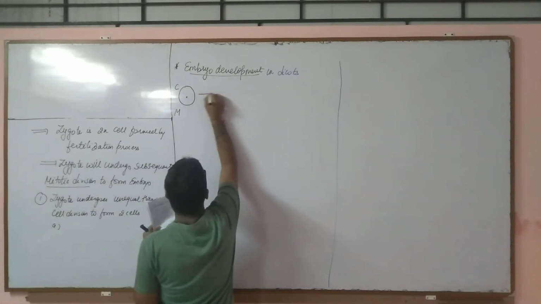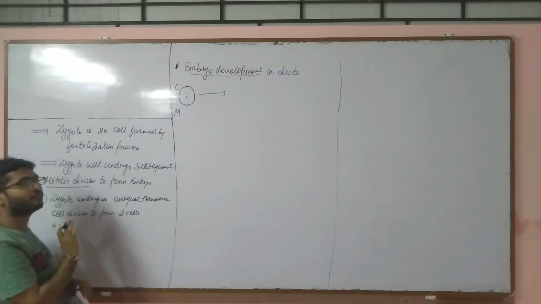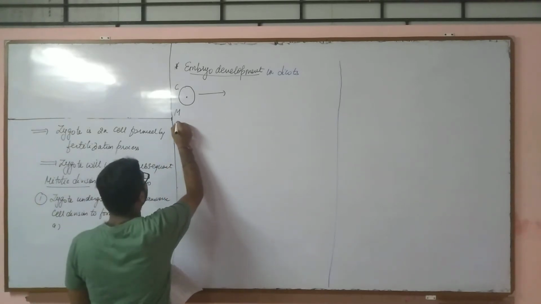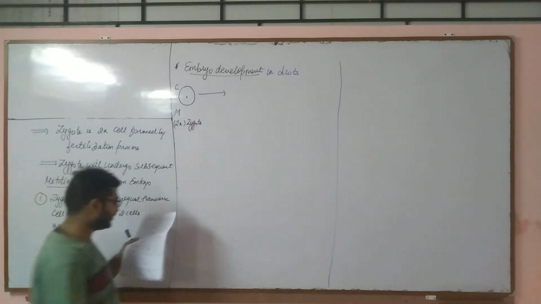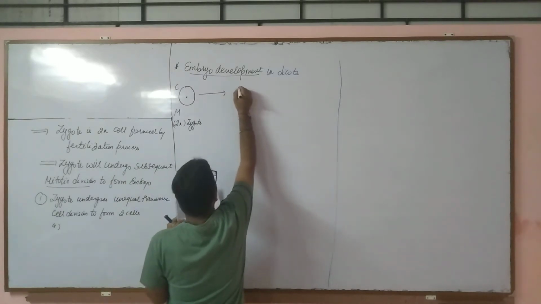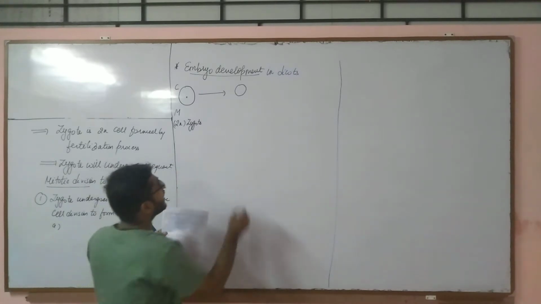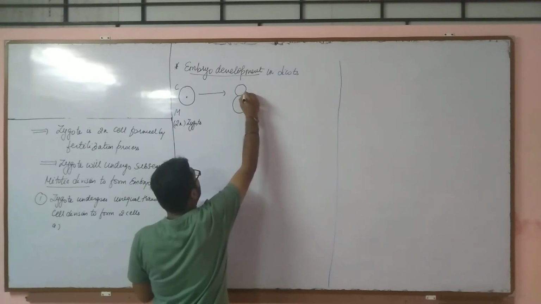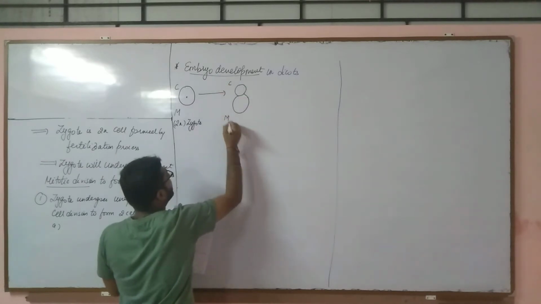So the first step is unequal cells formed as a result of the first mitotic division of this 2N zygote. It undergoes transverse cell division to form two cells. One cell is a small cell and another cell is a big cell. This is again C and this is again M.